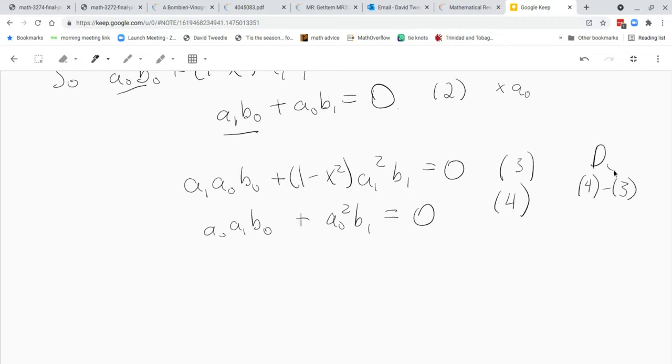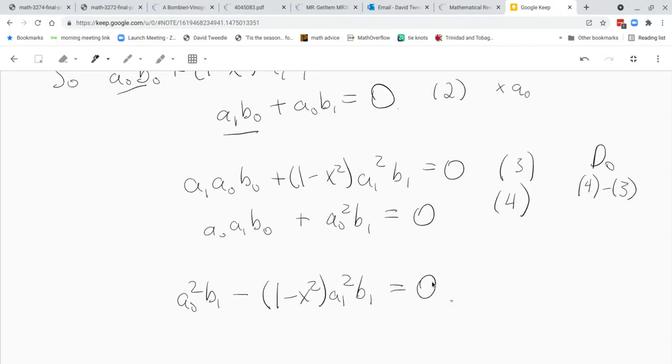Do that. What do you get? You get A0 squared B1 minus (1 minus X squared) A1 squared B1 equals 0.